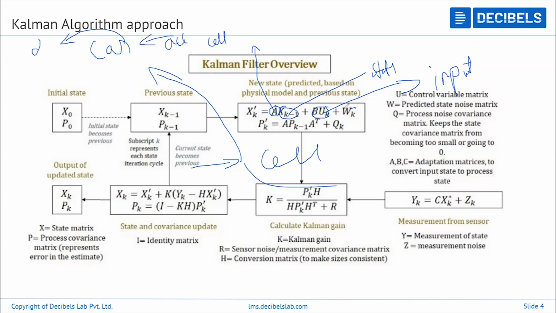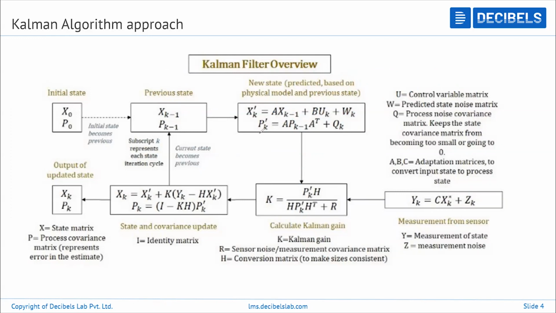And then there are noises. You can call them process noises, the system noise. Again, there are different kinds of noise, so I don't want to touch this topic right now. And then there is the process covariance matrix, the process covariance, you can see over here.